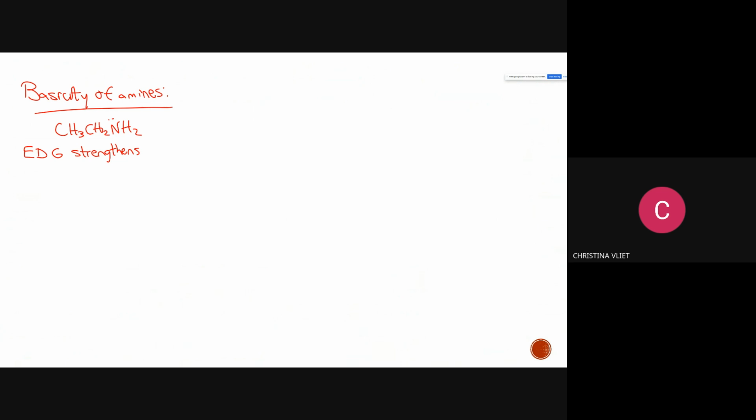If you make a key on the side for them to read, then they'll accept it, I think. Yeah, but you don't need to say EDG is this, which would cost you more time than just writing electron donating group. For the first time ever, on the 2025 paper, I saw them refer to meta director. They put it as an option, so I wonder if they're switching meta over.